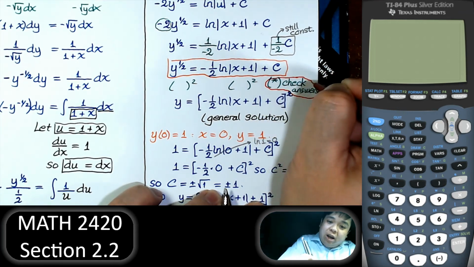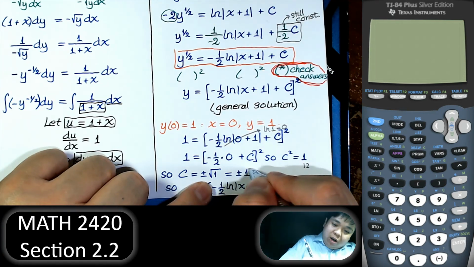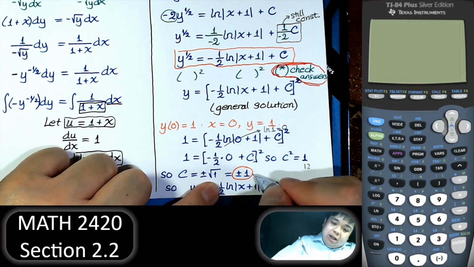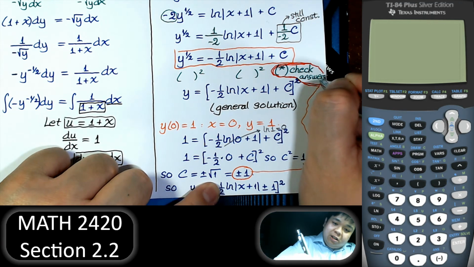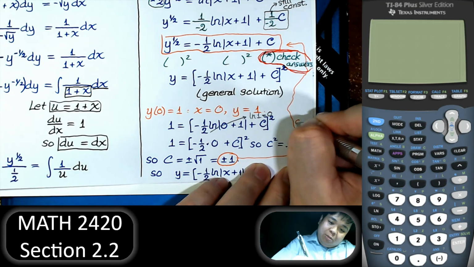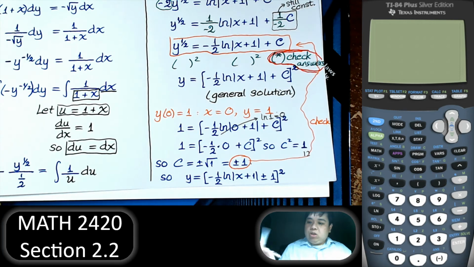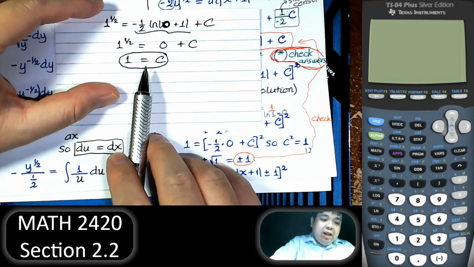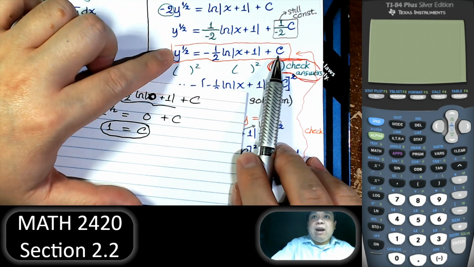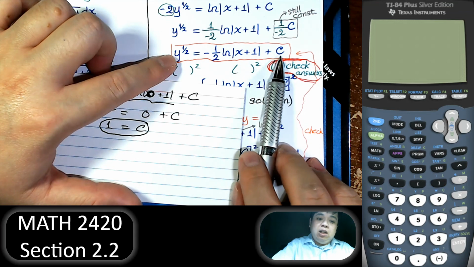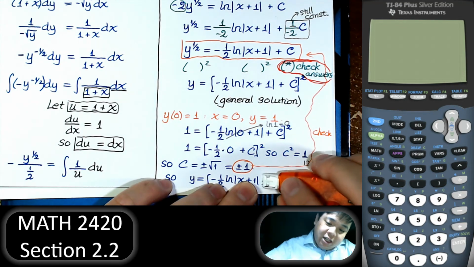Whenever we square both sides, we have to check the answer. So I have to be very careful there. And so when we have plus or minus 1, we have to put it back in here and check. Have to check the answer. And when we check, c can only be 1. Because if you put -1 in here, it doesn't work, because y has to be positive. So c has to be positive. So when we do that, c can only be positive.